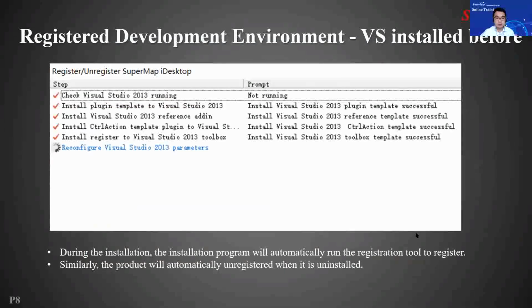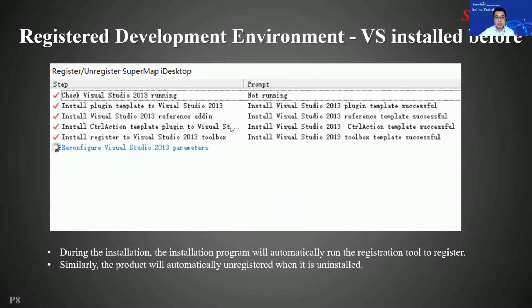After that, you can install the software. Before you install, we suggest you install Visual Studio first, because after you install Visual Studio and then install our SuperMap software, it will automatically do the registration, like adding some tools in Visual Studio.